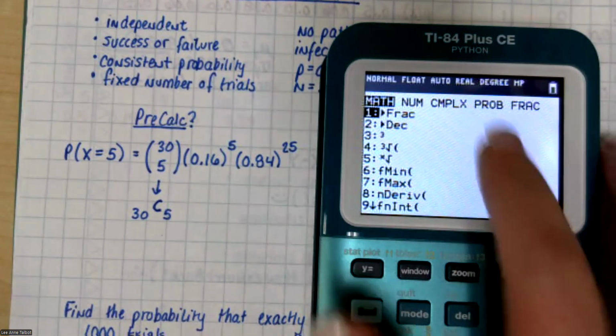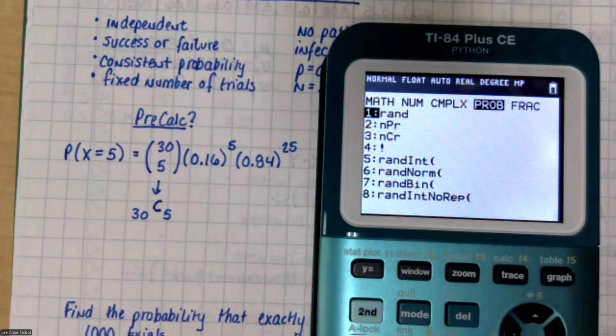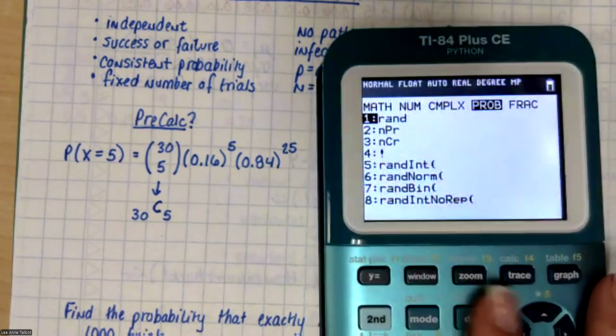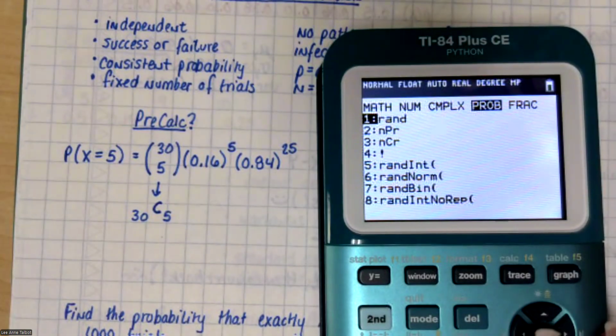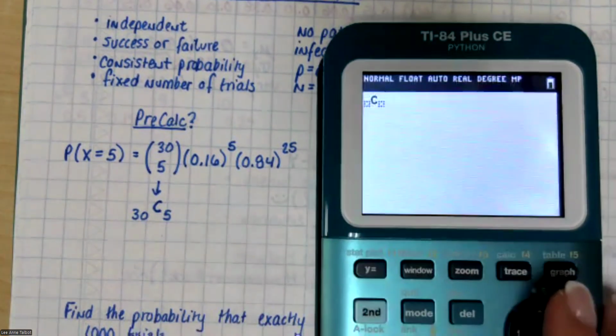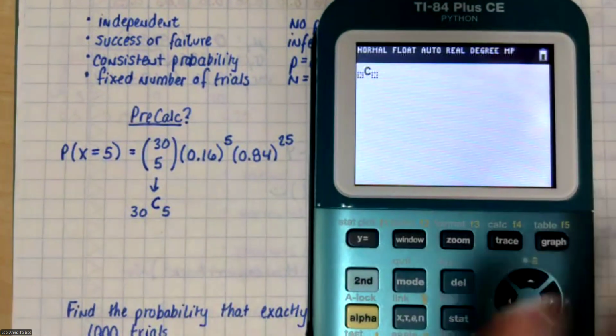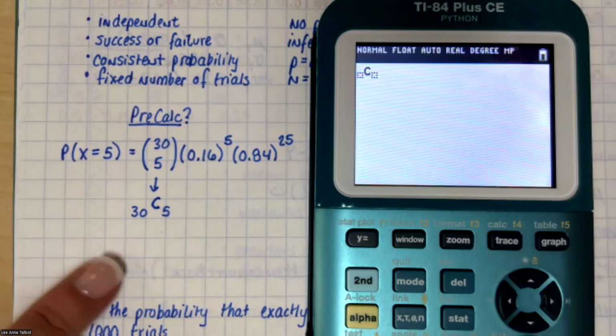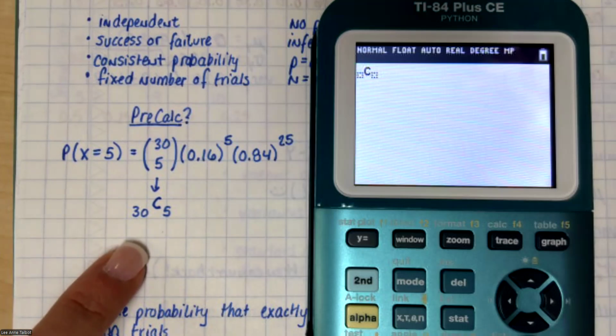If you remember from our RAND-INT stuff, the combination and permutation was in math probability. And in my calculator, I can fill in these little boxes. If you do not have the ability to fill in the little boxes, you might need to type the 30 first and then do it.